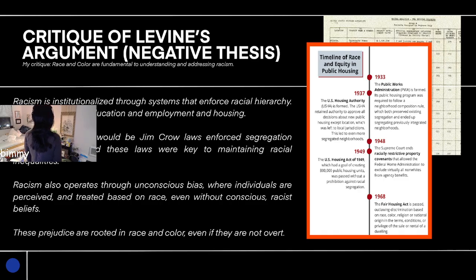Even if the individual isn't doing anything wrong, they are still more likely to be stopped or questioned by law enforcement because of the bias. These prejudices are rooted in race and color, even if they are not overt.